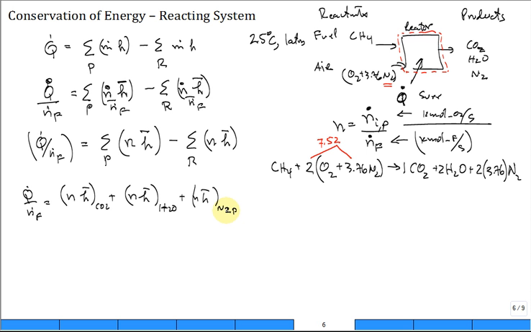It's N2 of the products. And then minus NH bar of CH4 minus NH bar O2 minus NH bar N2 reactants. You see that?